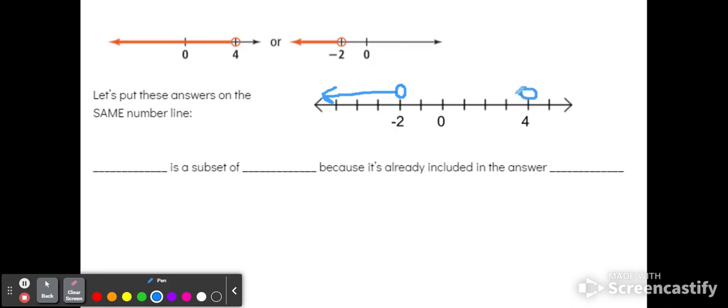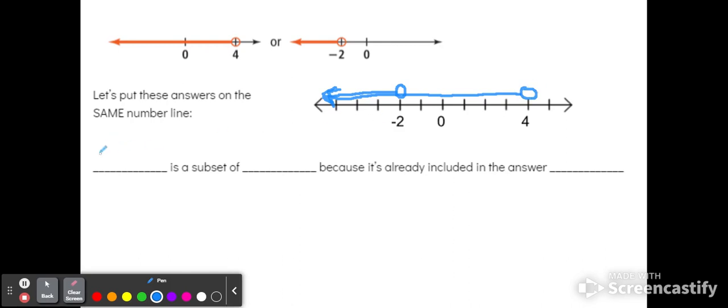Well, less than also continues this way. And so what happens is one of these is a subset of the other. In other words, all the numbers here are included in both parts of the answer. And everything for x is less than -2 is included already in the answer of x is less than 4.